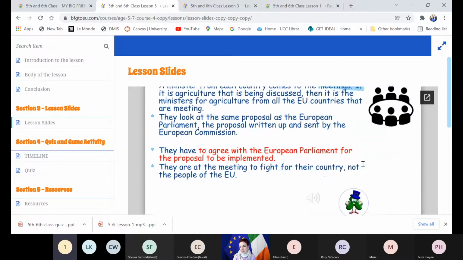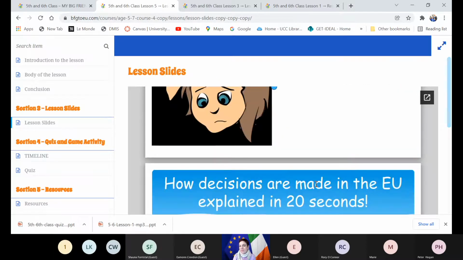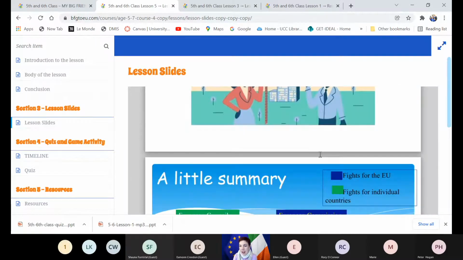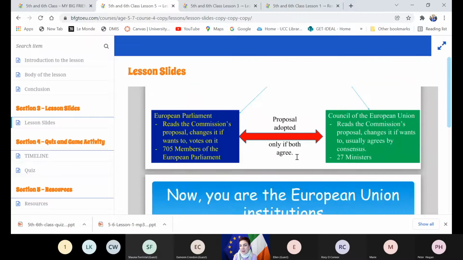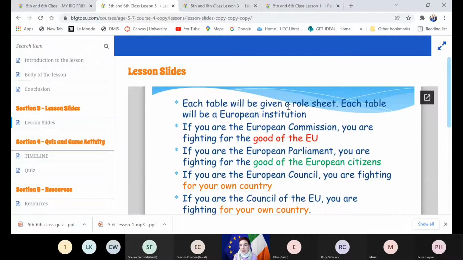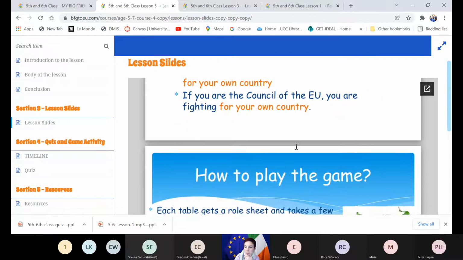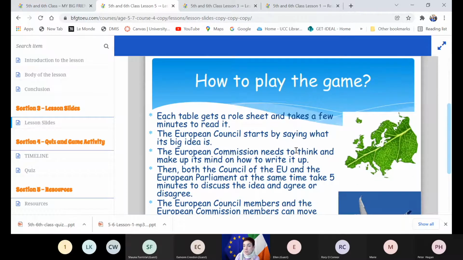And then the Council of Europe. And we have a little 20-second video to try and explain how all those people work together. And I have then a game which tries to get them to think about how it works, and they become those institutions.